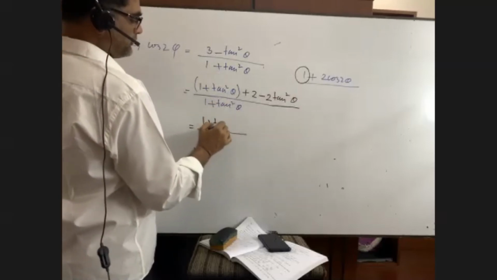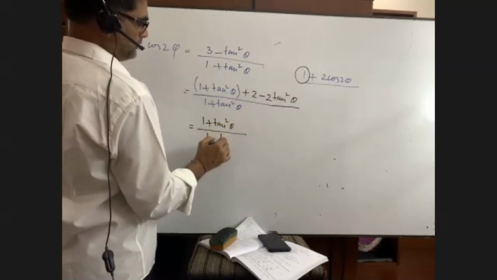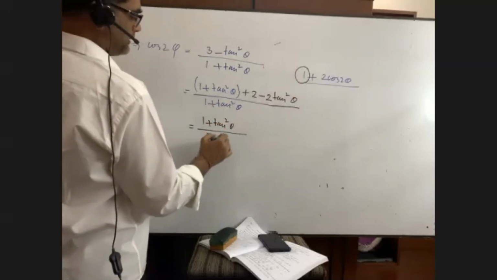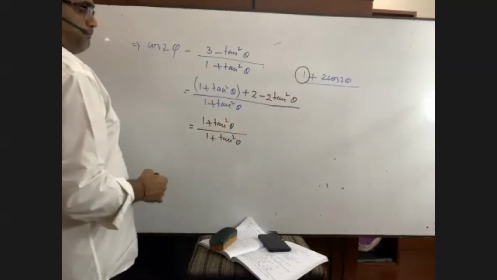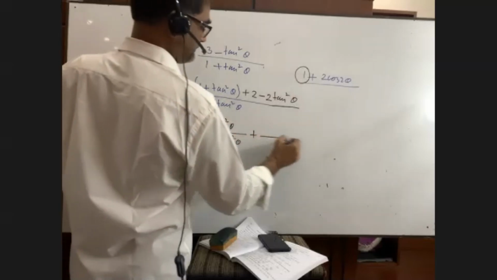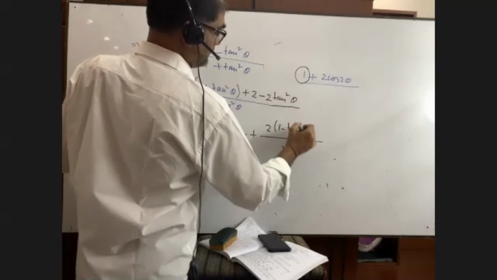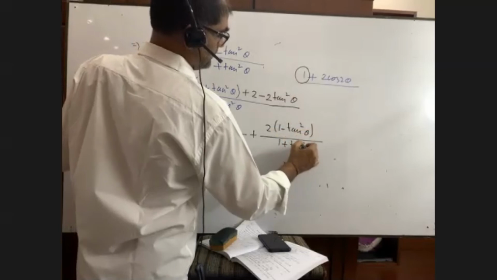1 plus tan square theta on 1 plus tan square theta. If we cancel it, we'll get 1. 1 minus tan square theta, 1 plus tan square theta.